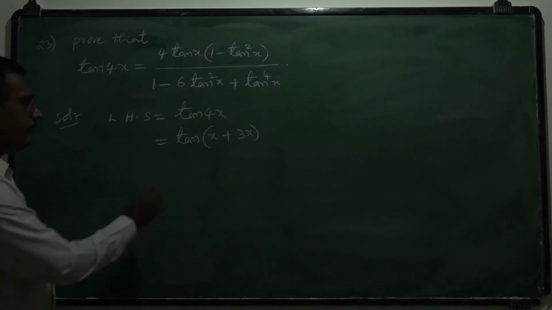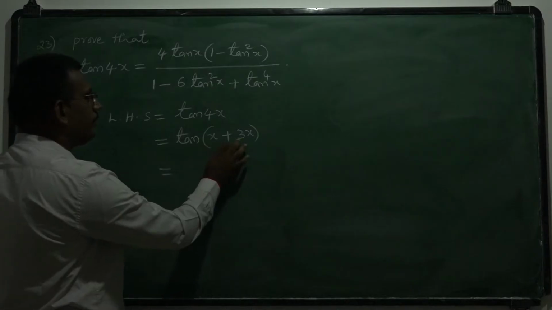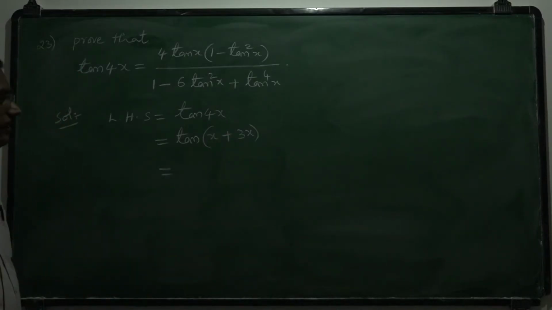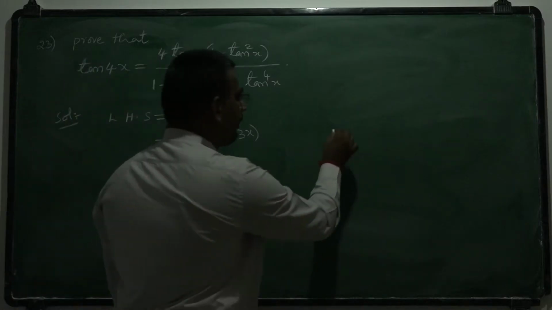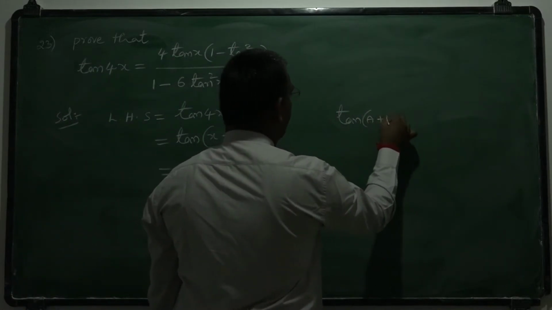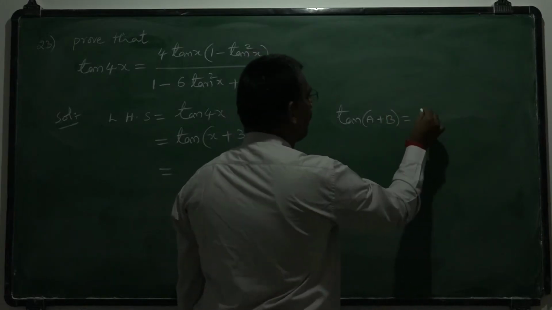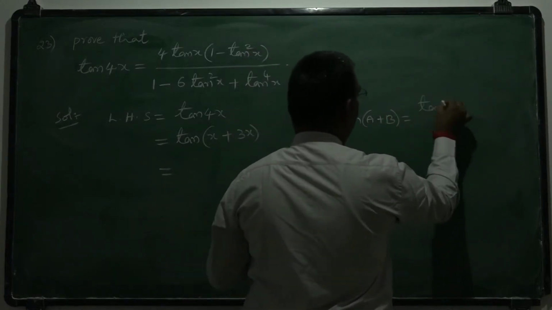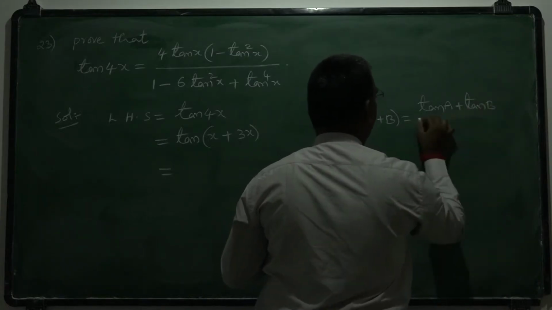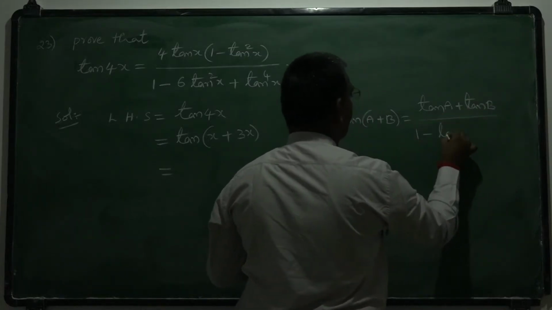Okay. So this is in the form of tan of a plus b. So we know the formula of tan of a plus b.